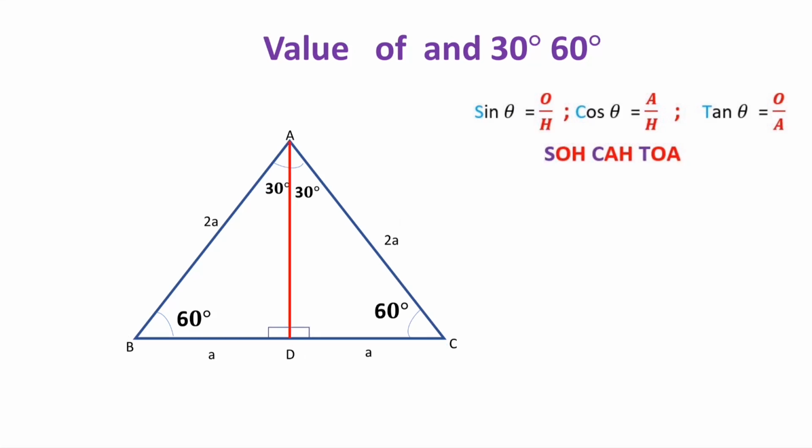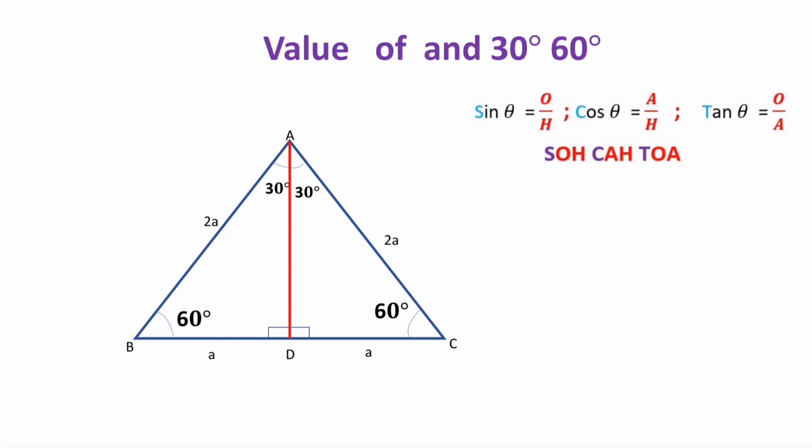Since D is the midpoint, the side 2A is split into two halves, A and A, and the angle of A is split into two halves, 30 degrees and 30 degrees. Before it was 60 degrees, now it is 30.